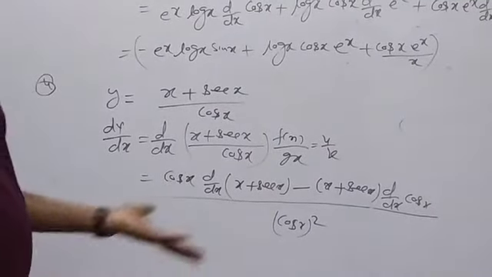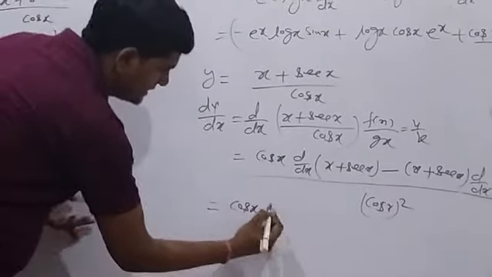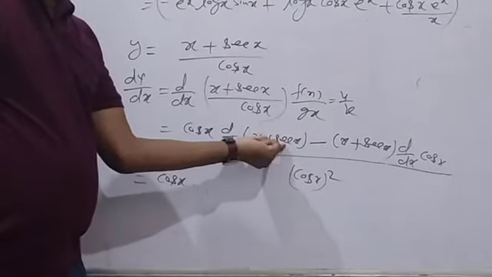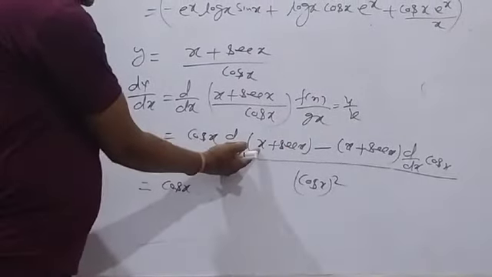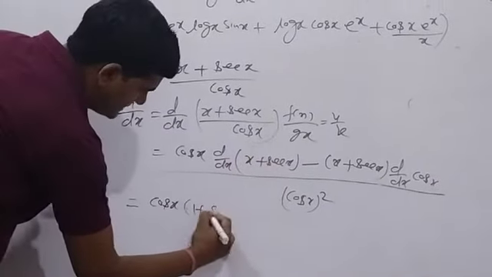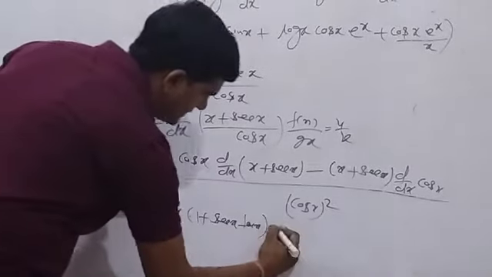Now only put the formula. Then here cos x, inside the bracket two terms are there. Clear? Differentiation of x is only one. Differentiation of sec x means sec x into tan x, correct?